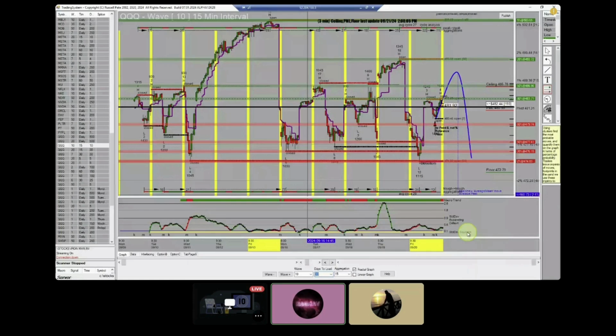So whenever the standard deviation does, just give me a minute. Just give me a second. Sure.